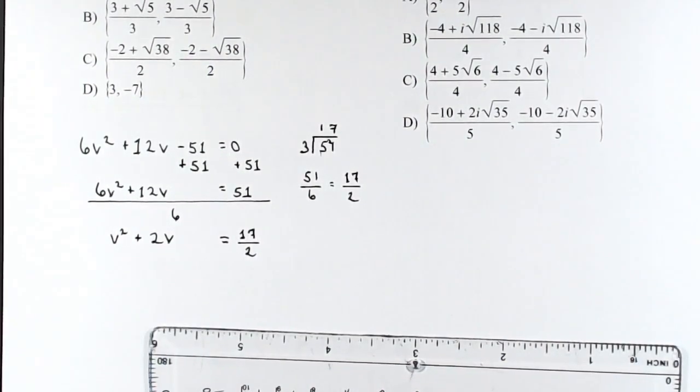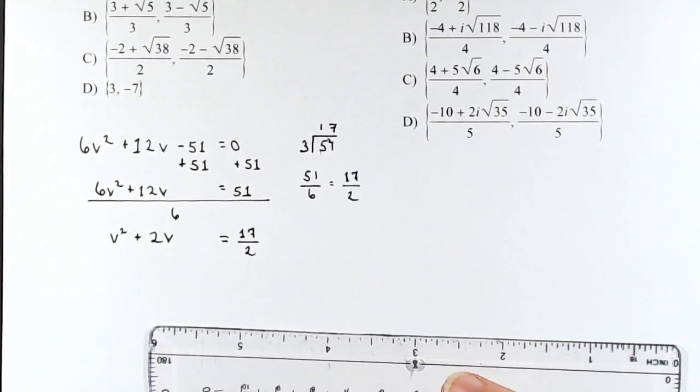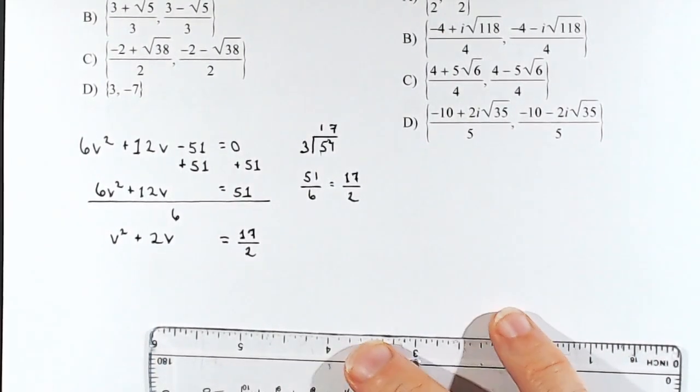What is 2 divided by 2? 1. And what is 1 squared? 1. All right, so that's called half the middle coefficient. Half the middle coefficient is 1, and then you square half the middle coefficient, and you get whatever you get. And the other problems won't be as easy. But this one's 1.